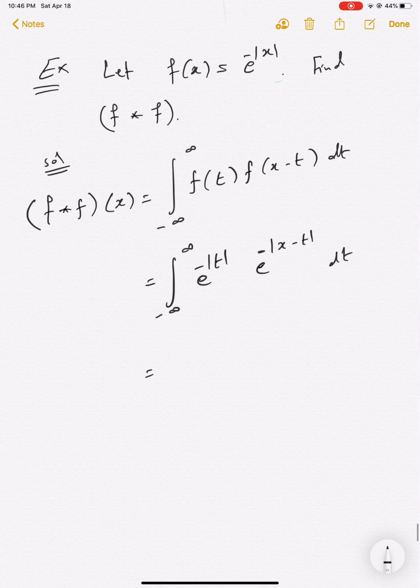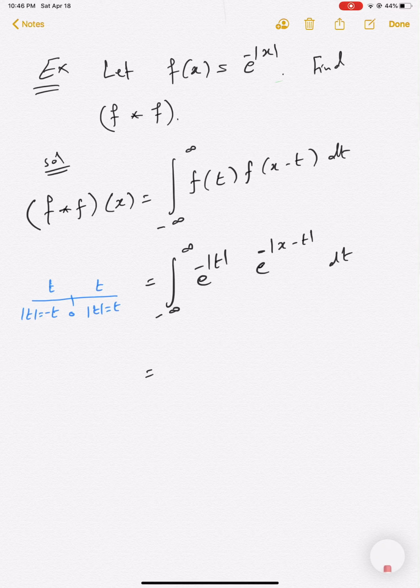Now, again, the variable of the integral is t, not x. And t is running over the interval from -infinity to infinity. So basically, half of the interval is composed of negative values, so this is 0. When t is here, the absolute value of t is -t. When t is here, the absolute value is t.